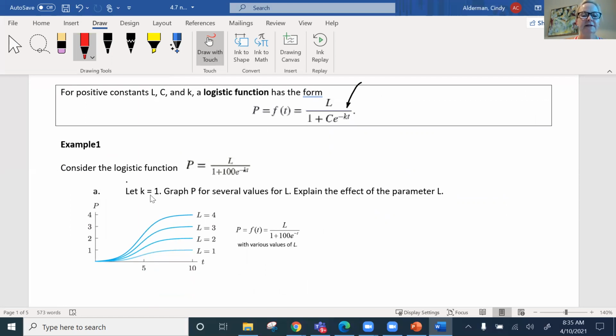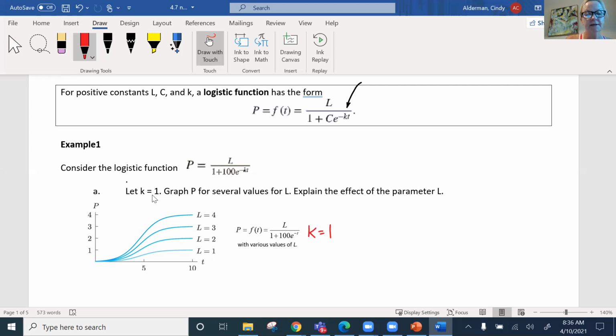And here we're going to say, all right, let's let K equal 1. So in this graph right here, K is equal to 1, okay? And then graph P for several values of L. So basically what we're trying to do in this example is figure out what L controls on the graph. So each of these, when L is 1, then we figure out what P is, right?